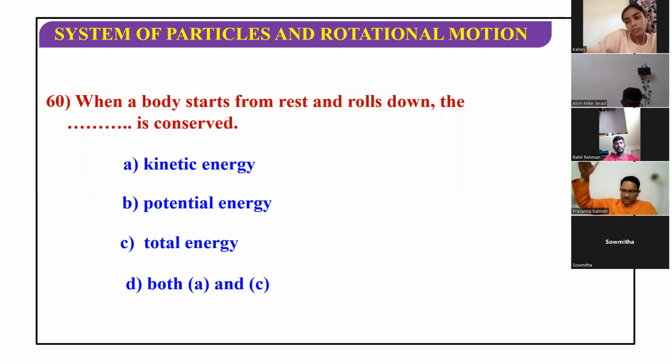Because when rolling is happening, which means rotation and translational motion is happening, definitely when the body is rolling down, potential energy is decreasing and kinetic energy is increasing, right? So at any point, what is conserved is the total mechanical energy, which is the sum of potential plus kinetic energy. So the right answer is total energy.